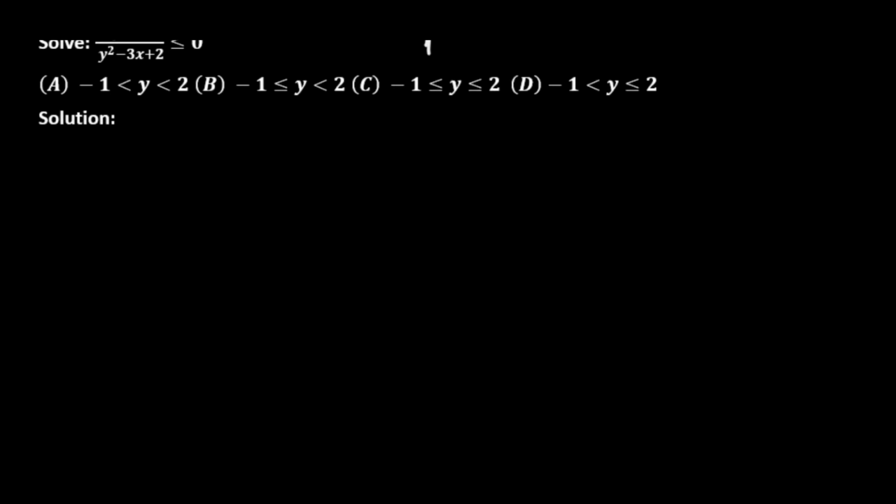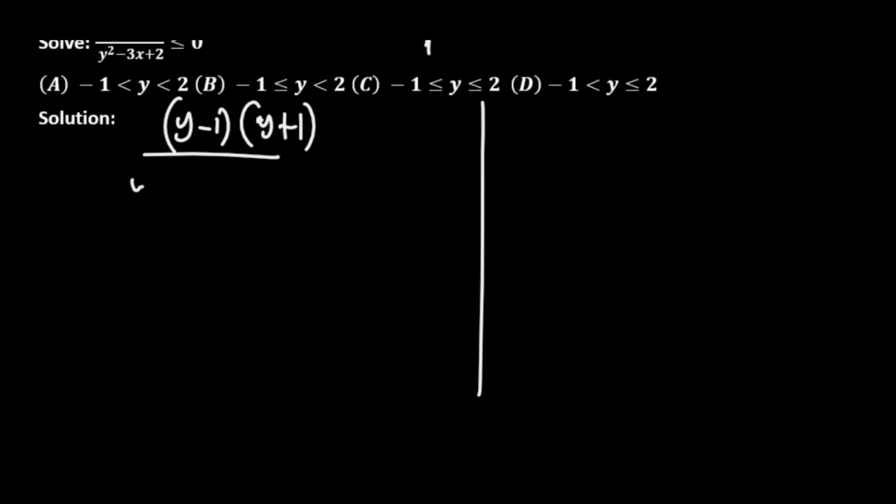Again, we solve as if we are solving a quadratic equation. So we first factor. The numerator is a difference of two squares. And the denominator is y minus 1. So we've factored the two, and if you notice, they have a common factor of y minus 1.